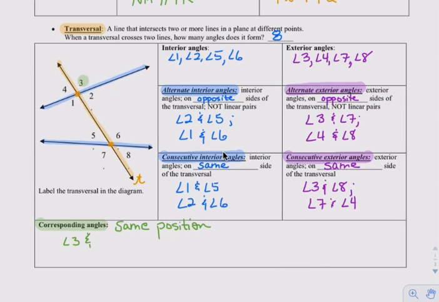Well, angle 3 is on the right side of the orange transversal and above the blue line. So down here, where is there an angle that is on the same side of the orange line as angle 3 is, but also above the blue line? Okay, so that would be angle 6. They're both on the right side of the transversal and above the blue line. So angle 3 and angle 6 are what are called corresponding. They're in the same position.